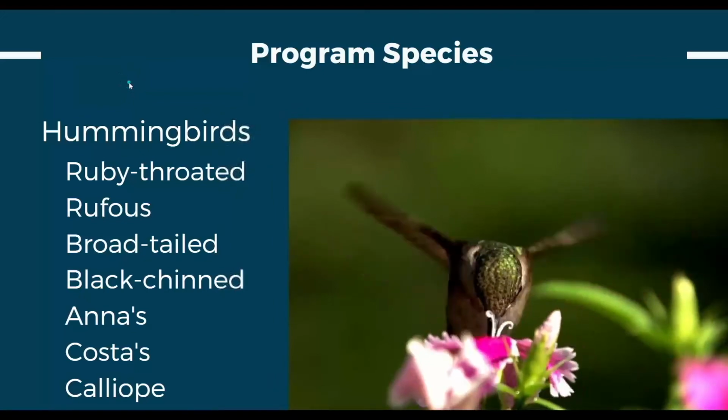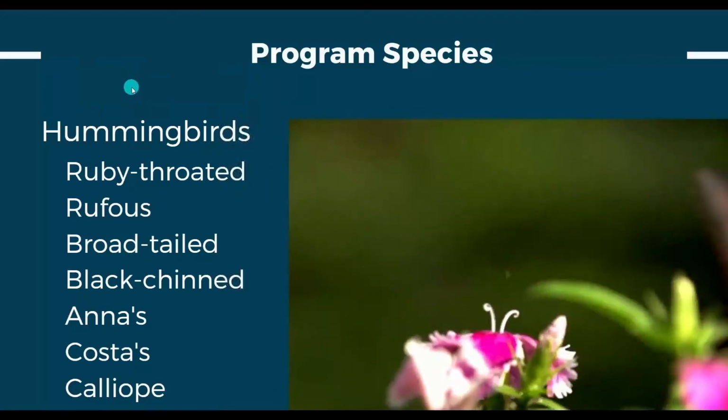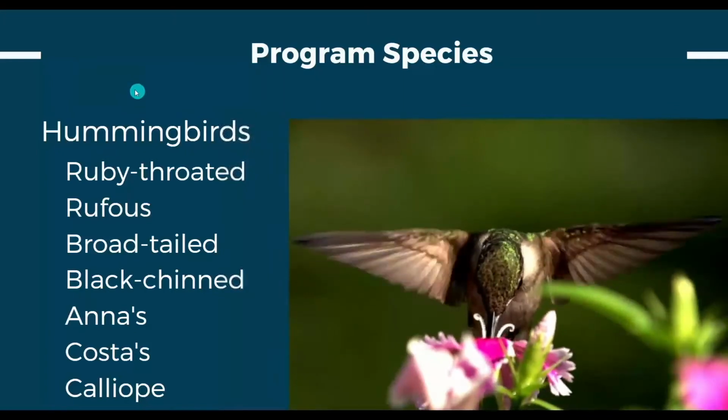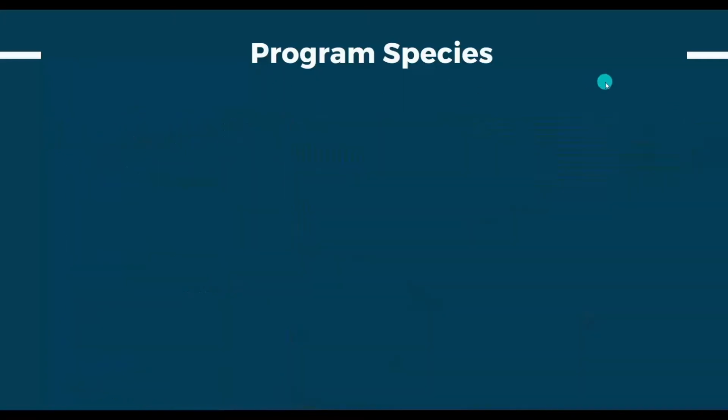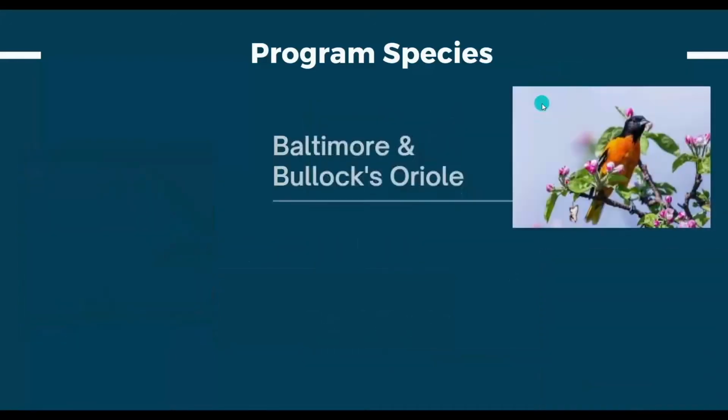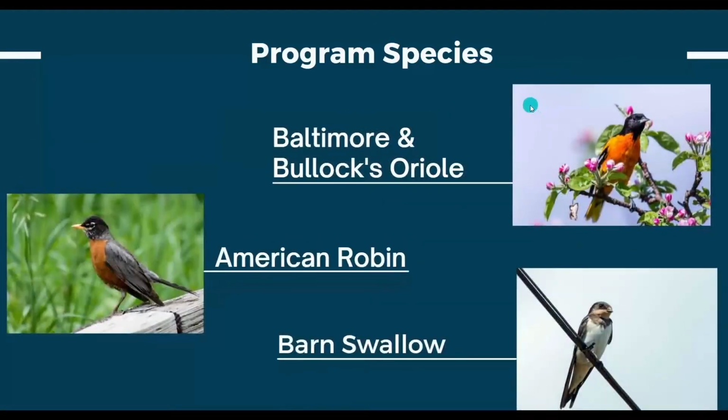Our Journey North volunteers track ruby-throated, rufous, broad-tailed, black-chinned, Anna's, Costa's, and calliope hummingbirds. But our volunteers also track red-winged blackbirds, common loons, bald eagles, Baltimore and Bullock's orioles, American robins, and barn swallows. So we have quite a number of migratory species that our volunteers track.